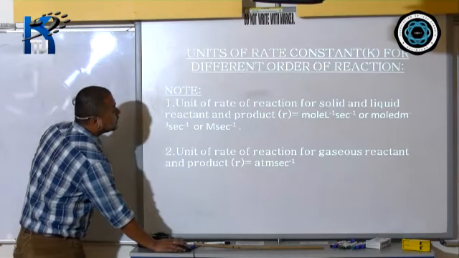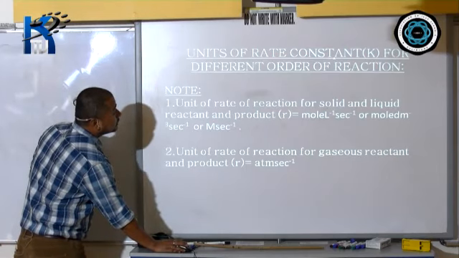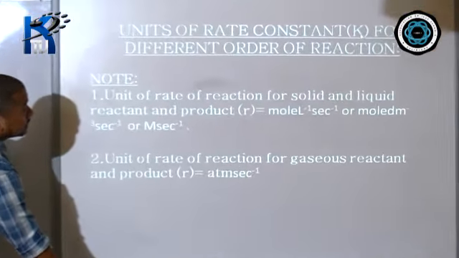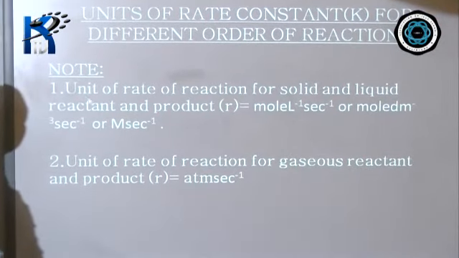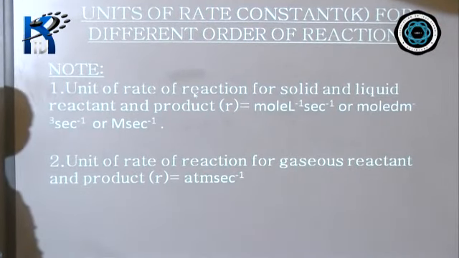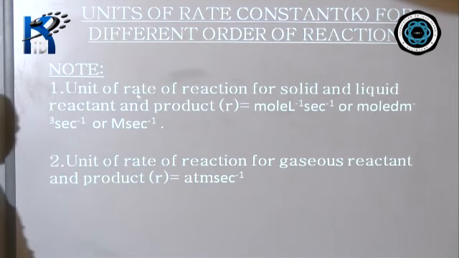Whenever you find the unit of rate constant k, students, first of all you need to know the unit of rate of reaction, that is small r. I repeat again, to find the unit of rate constant k, you need to remember the unit of r. In my very first class of this chapter I said that the unit of rate of reaction varies with the physical state of matter.